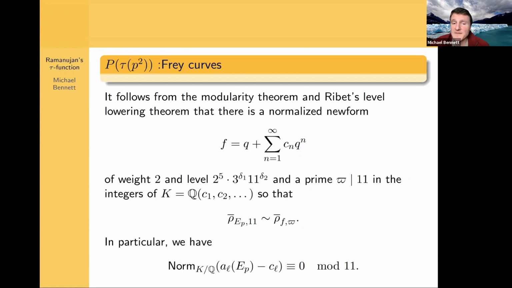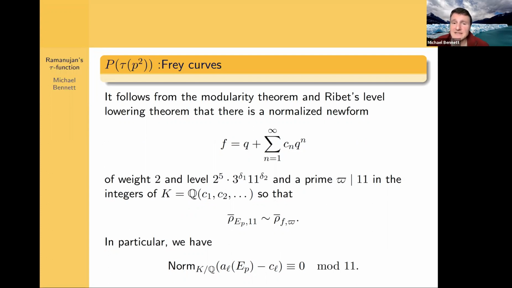And what we end up having is that mod 11, this thing is going to match up to some particular cuspidal newform of a given level, weight 2. And the level is going to be 32. That's what's happening at 2. We understand that well. And then it's either 3 to the 0 or 3 to the 1, and it's either 11 to the 0 or 11 to the 1.